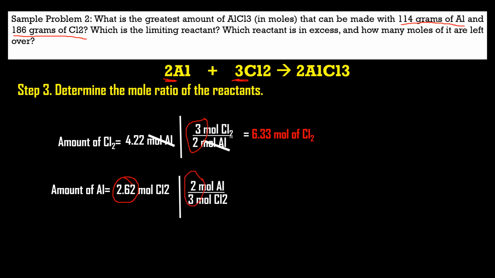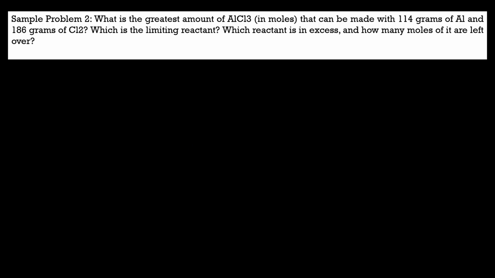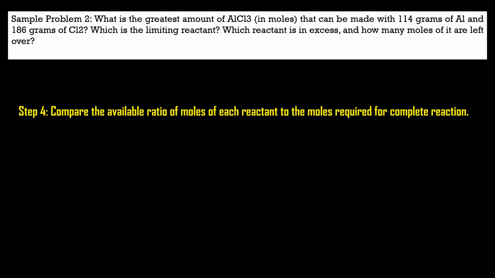These two values are present in the balanced chemical equation. For every 2 moles of aluminum, we have 3 moles of Cl2. We cancel out the same unit for us to bring out mole of aluminum. So 2.62 multiplied by 2 moles of aluminum divided by 3. The needed amount of aluminum in this reaction is 1.75 moles.